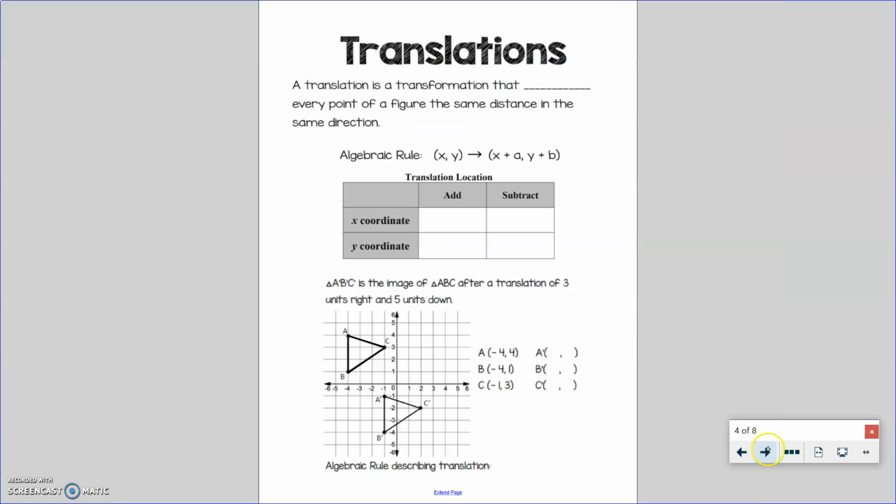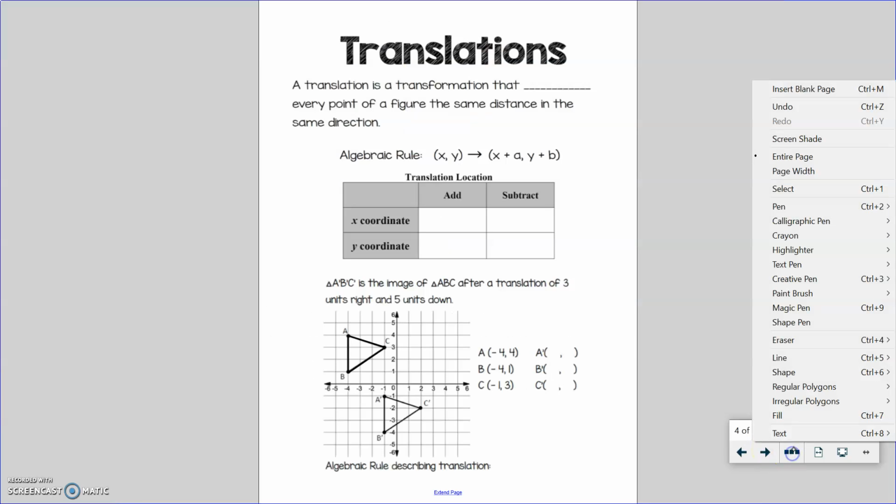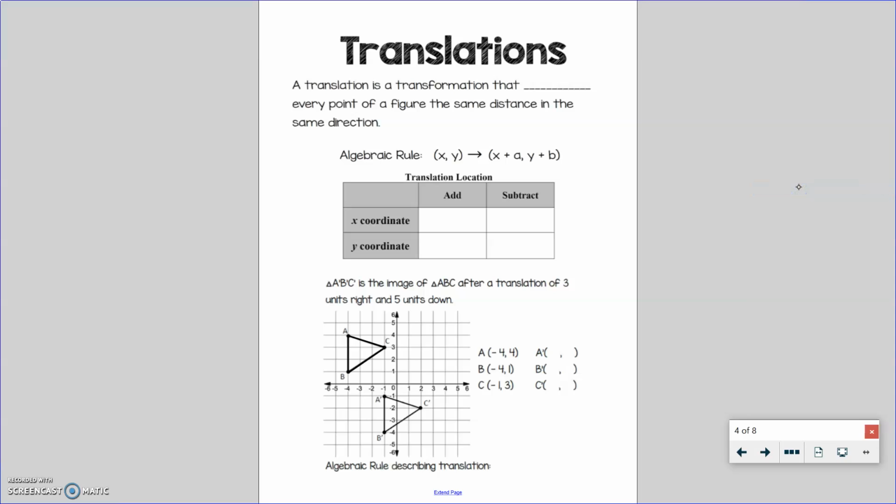Okay. So now let's take a look into translation. So we learned how to identify the image and pre-image. So now we're going to go into our first transformation, which is a translation. A translation is a transformation that either moves or slides every point of a figure the same distance in the same direction.